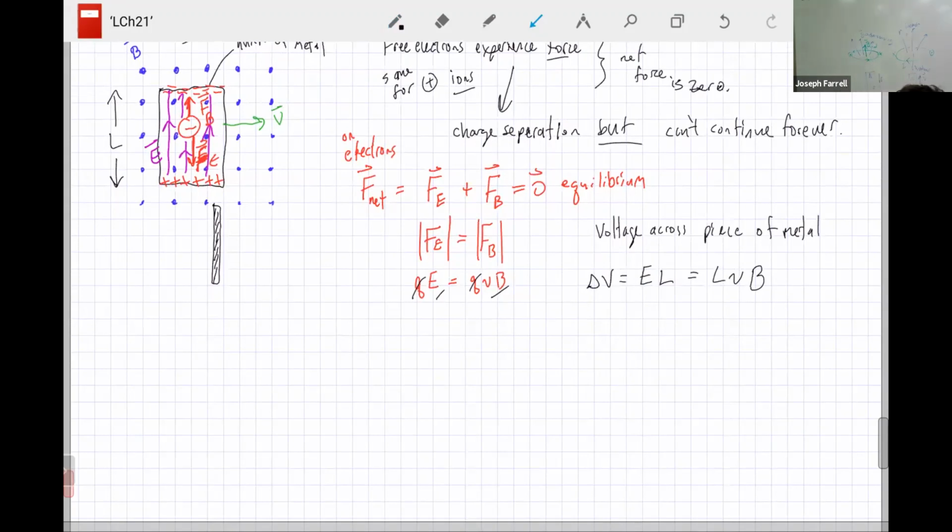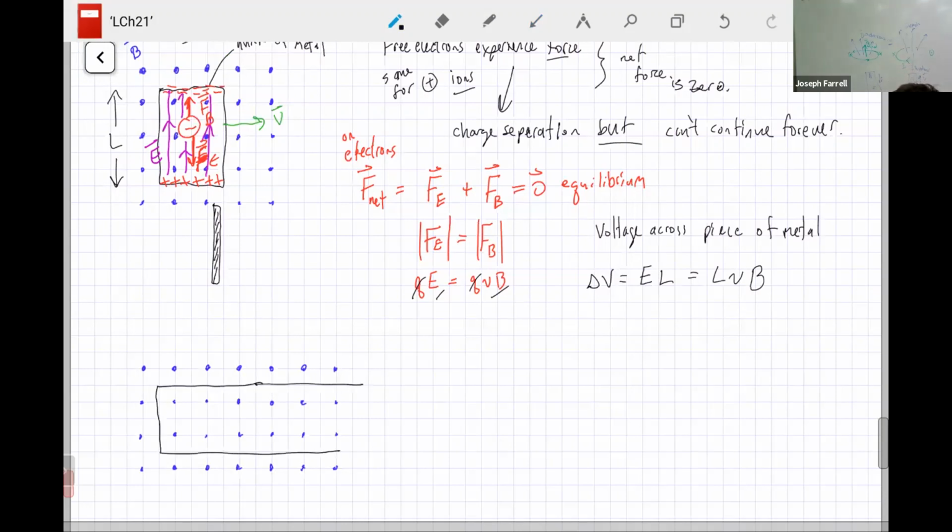Let's say I have the same situation where I've got my magnetic field, and then I have a bent piece of metal. This is a little contrived situation, but it might help you see how this could follow Faraday's law.